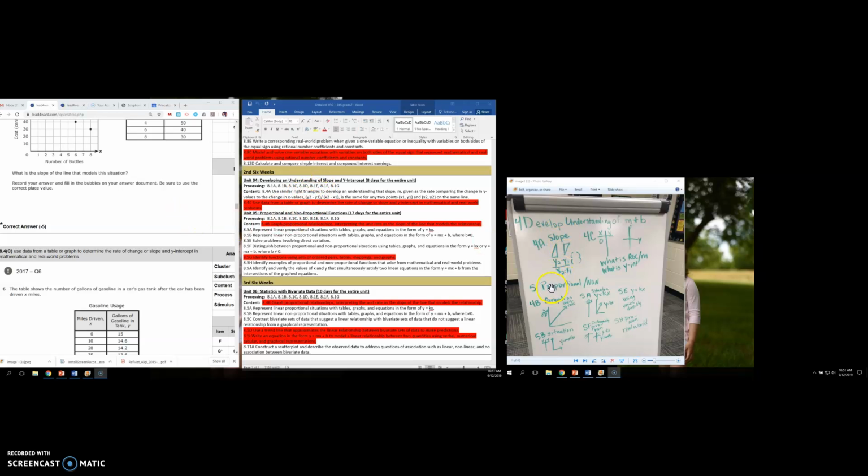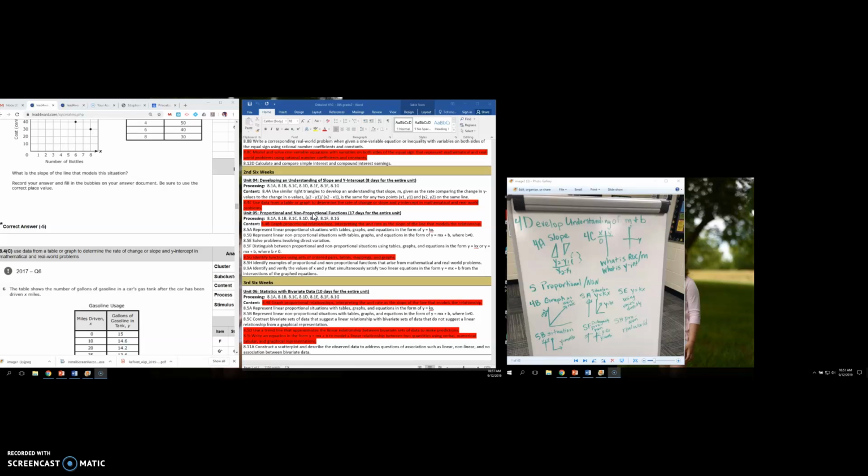Unit 5 starts jumping into proportional and non-proportional functions. Okay, notice it's titled here. We're going to stay in proportional functions for a while before we introduce non-proportional functions.